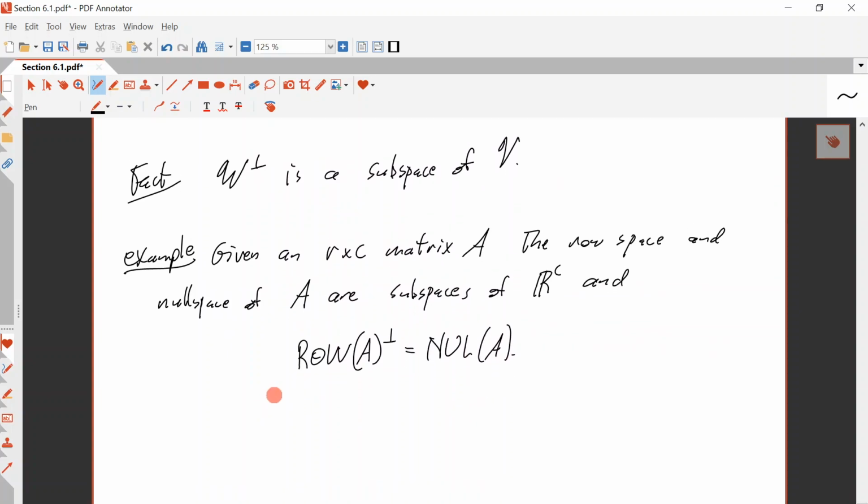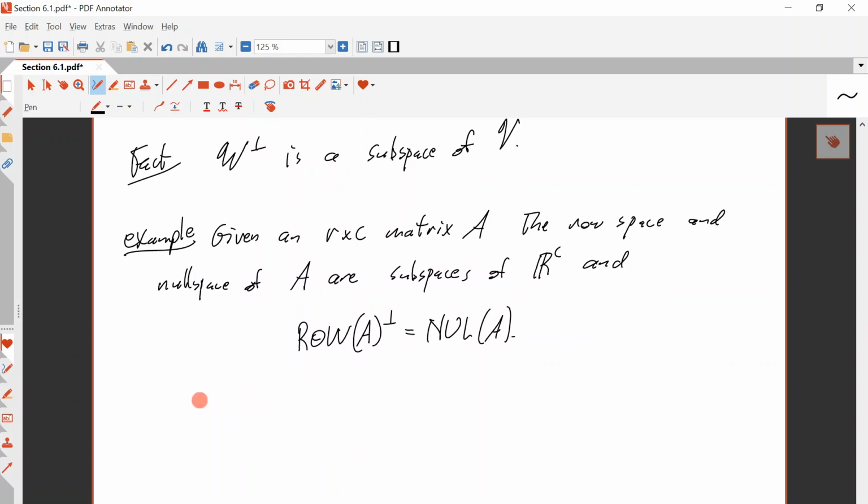Why? The null space of A is equal to the set of all vectors v such that A times v is equal to 0. And the row space of A is the span of the row vectors.